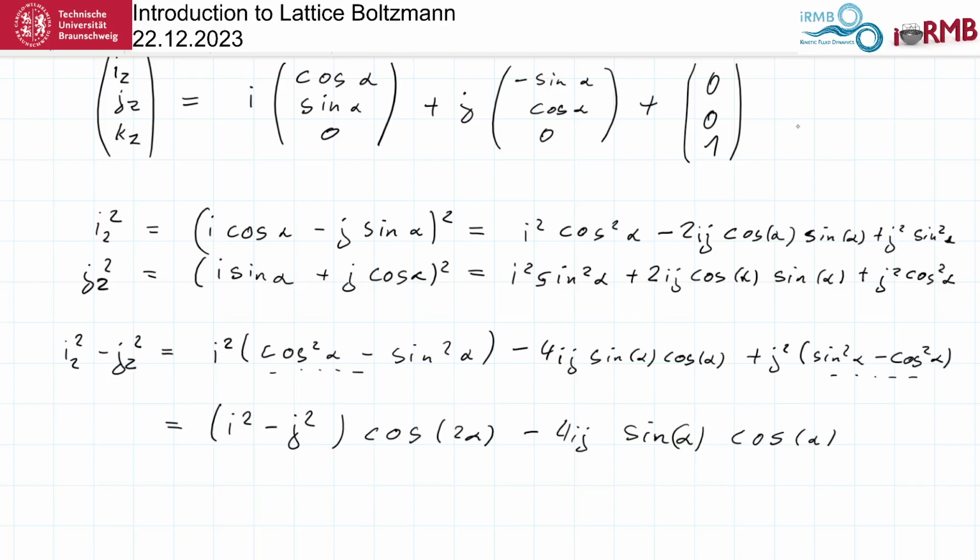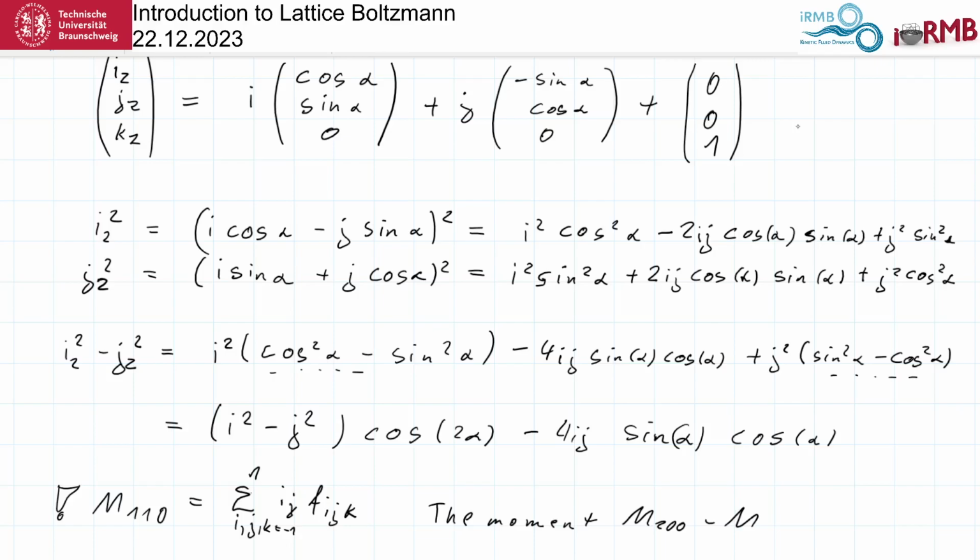The moment over ij is obviously the moment m11, which is the sum over i, j, k from minus 1 to 1 of ij f_ijk.